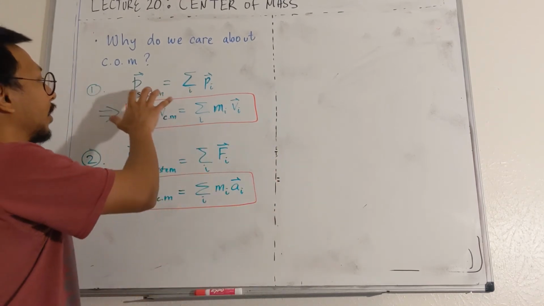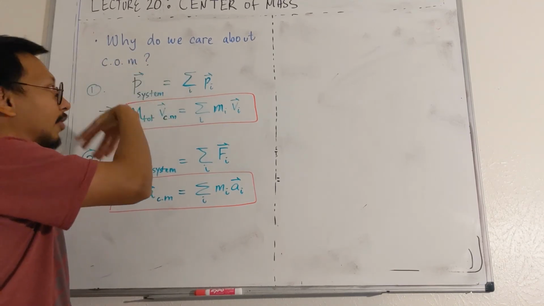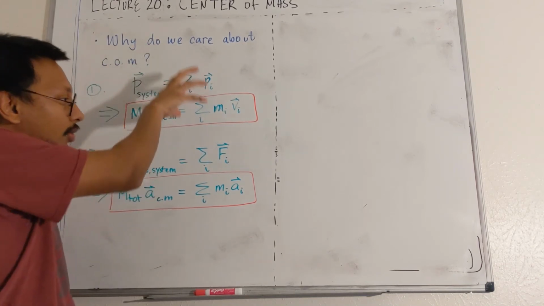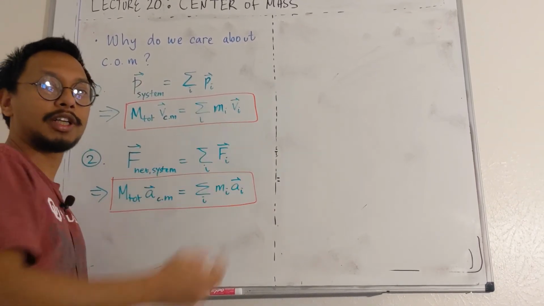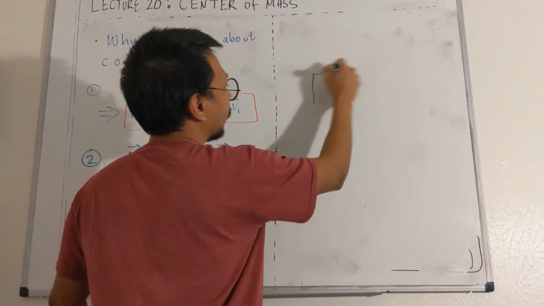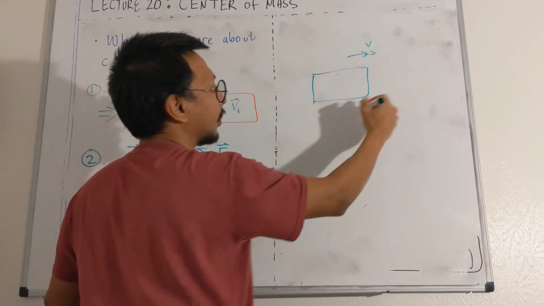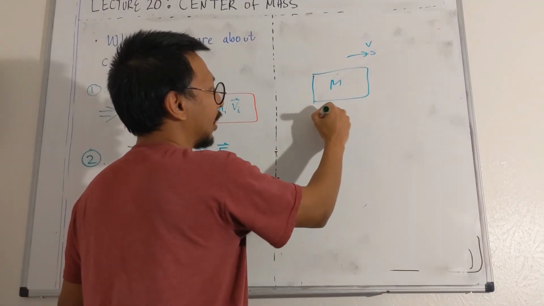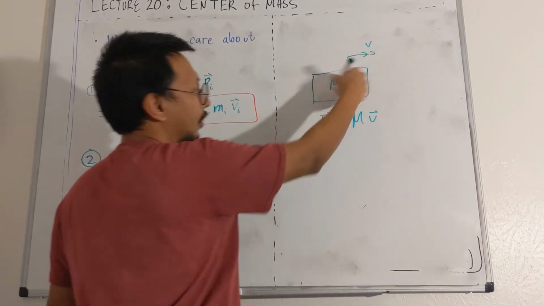So for example, with the center of mass, you can consider the total system together and consider the momentum of the total system, and that total system momentum is equal to the summation of all the momenta of all the particles involved. For example, if you have a box moving with some velocity, and this has a mass, say M total or capital M, this will have a momentum equal to the total mass times the velocity of this box.